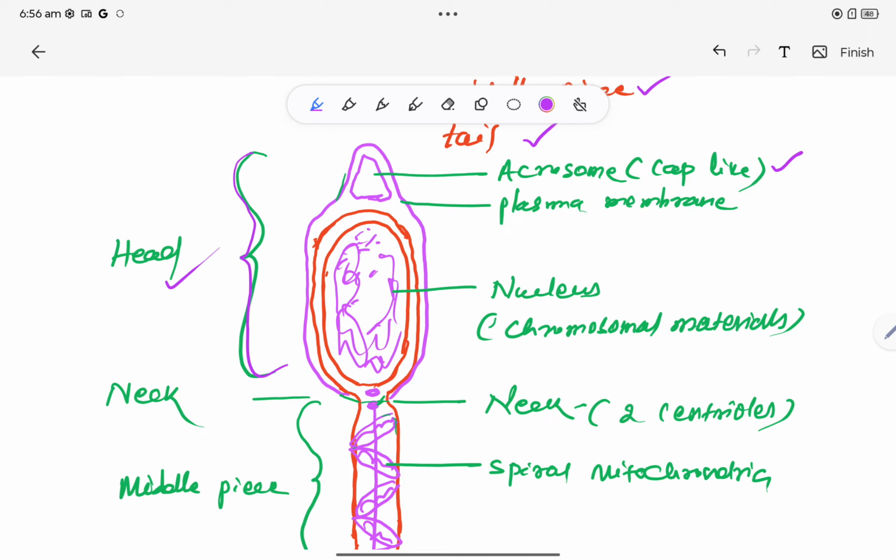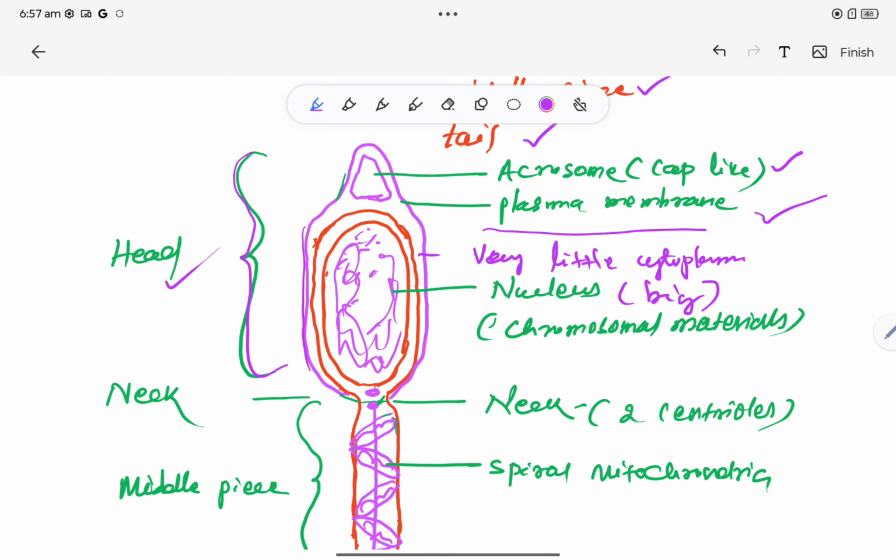And because the sperm is a single cell, the whole sperm is covered by a membrane, that is plasma membrane. Now in the head, very little cytoplasm is there, and a big nucleus. This big nucleus contains the chromosomal material. Clear?